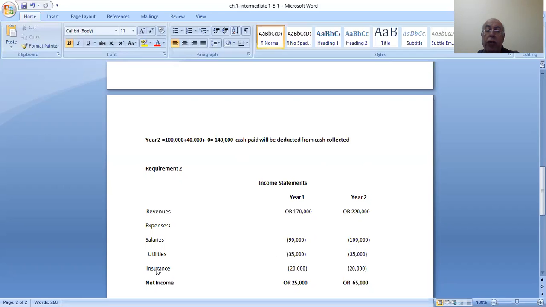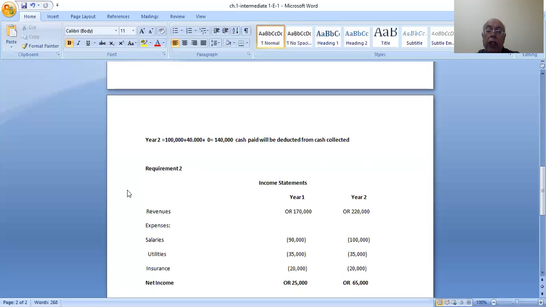If you go to the insurance policy, the company paid 60,000 in year one in cash, but since we are applying accrual accounting, just the amount accrued, which was 20,000, counts. For the second year it will be 20,000, and the third year will also be 20,000.